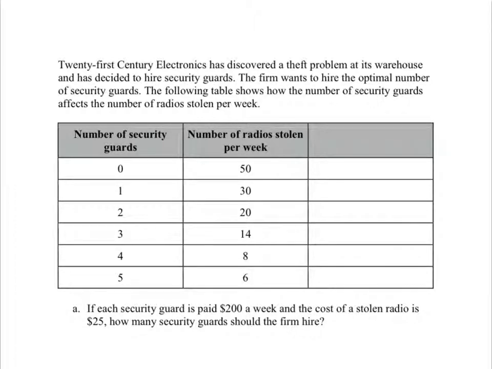In this video, I want us to look at a problem that illustrates a slightly different application of the profit maximization rule. Usually when we make use of the profit maximization rule, it's in relation to production. That is, we're trying to determine the optimal level of output.